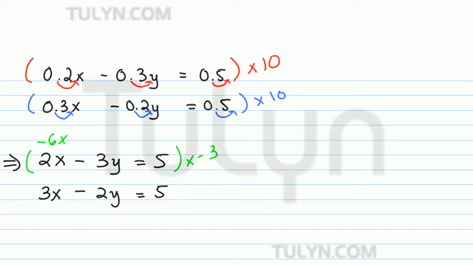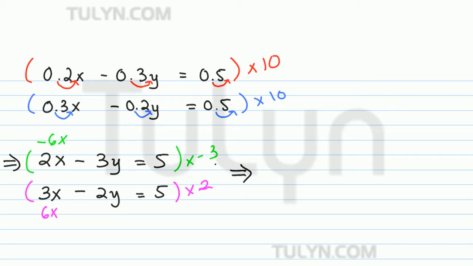And if you multiply the bottom equation by just 2, the coefficient for x is just going to become positive 6. So that way when we add these two equations together, the 6's are going to cancel out, which is our goal. So let's multiply these again and rewrite the answer.